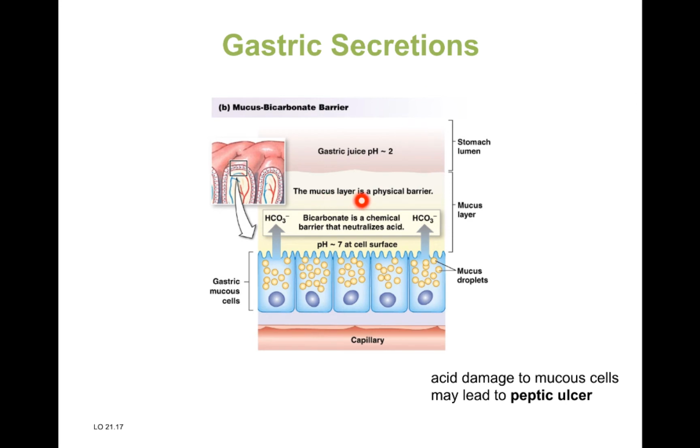Then you have that mucosal layer that's a physical barrier. Any acid that happens to penetrate that mucosal layer hopefully is neutralized by bicarbonate. Okay? But some things can get through. If acid gets through, then it has the potential to actually destroy those mucosal cells, and that's where you can get an ulcer and some bleeding.